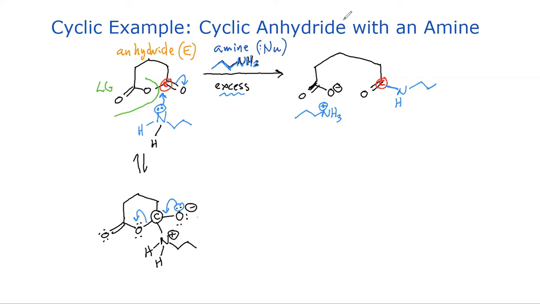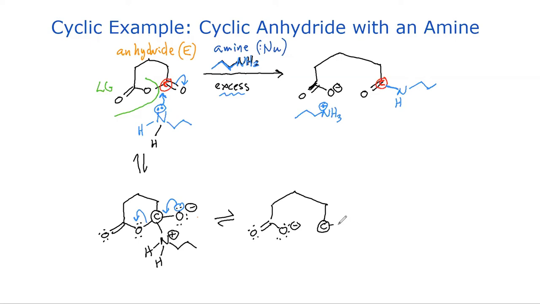Now, notice we didn't bother to deprotonate the amine here. We can wait until we have formed our anion to take care of that. Do notice that the leaving group was our carboxylate, which is a good leaving group because it's relatively stable.